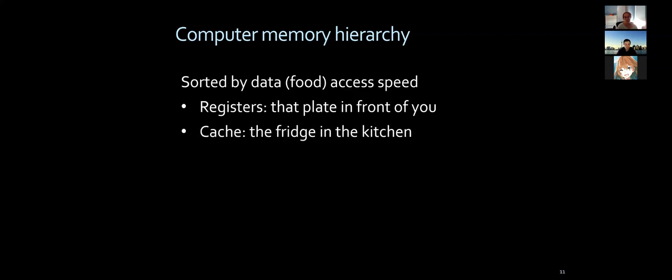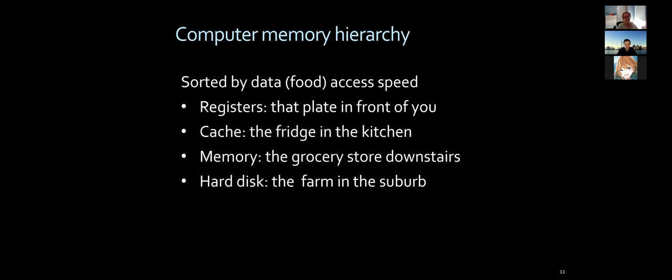Your cache is your fridge in the kitchen, essentially. Memory is the grocery store downstairs. Hard disk is the farm in the suburb, but you can go occasionally for some special foods. And the network is the farm in a different country.